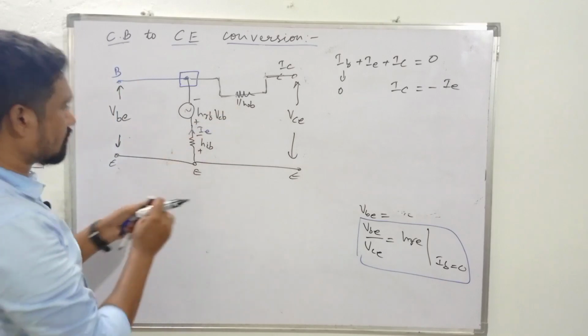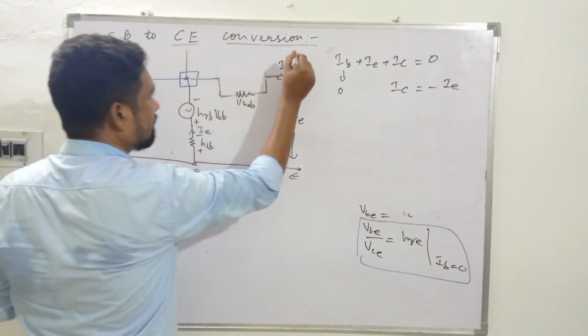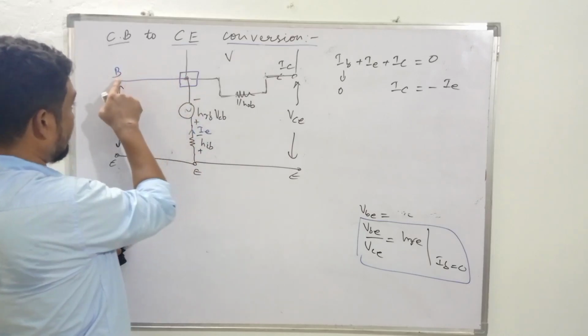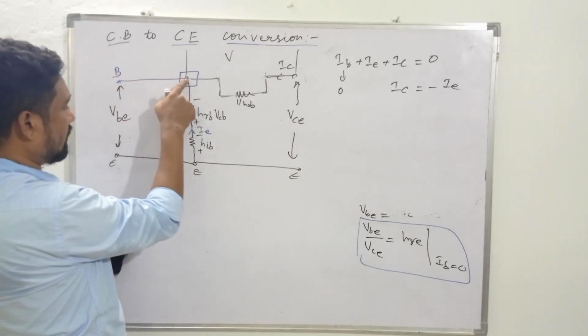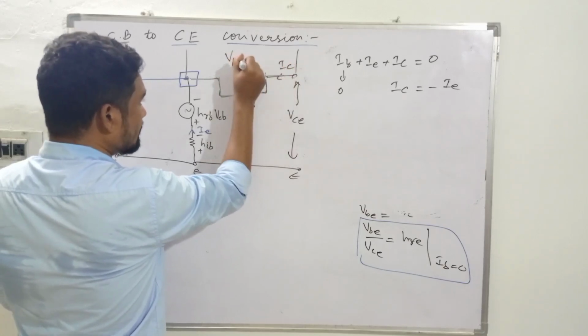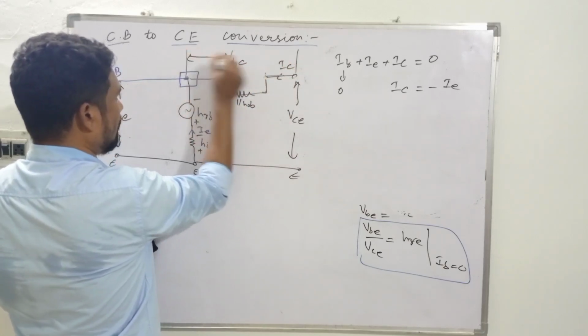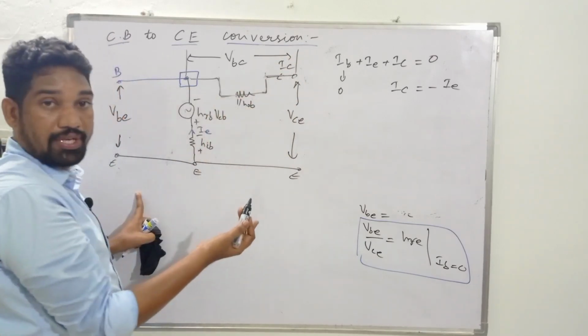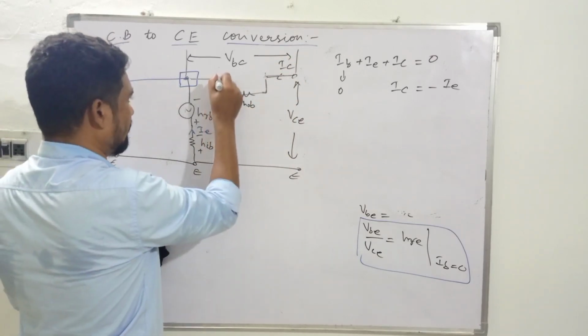We have a resistance, so definitely we'll have a drop from this one. It's a voltage between base and collector. Nothing is over here. So it's a base. So B to C, we have a drop. We have a resistance, so definitely current is flowing through that one, right? And so we have that drop.